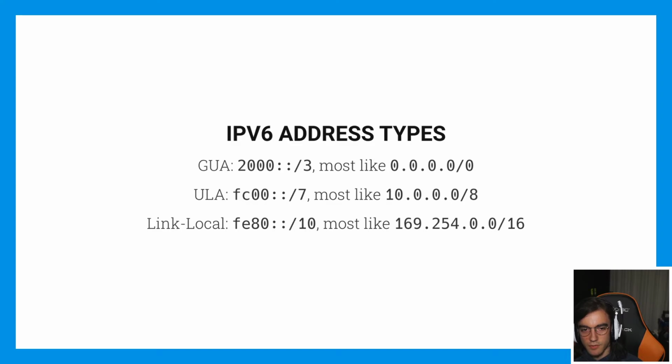So this is used mostly for talking between a computer and a router directly on the link, or between two computers, or things like that. The equivalent for this in IPv4 is 169.254, and it's really not used a lot in IPv4, but it's used a lot in IPv6.